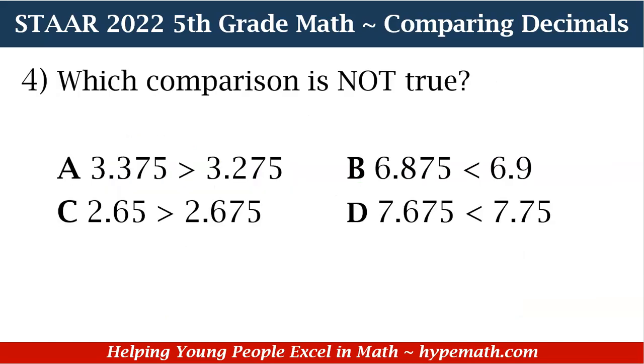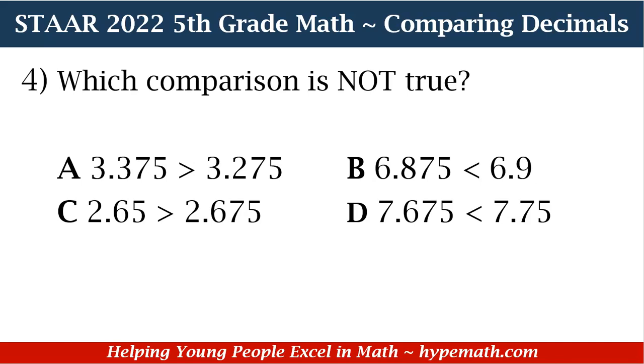So now let's dive into 4. Which comparison is not true? That means it's all the way wrong, okay? Is it A, 3 and 375 thousandths is greater than 3 and 275 thousandths?